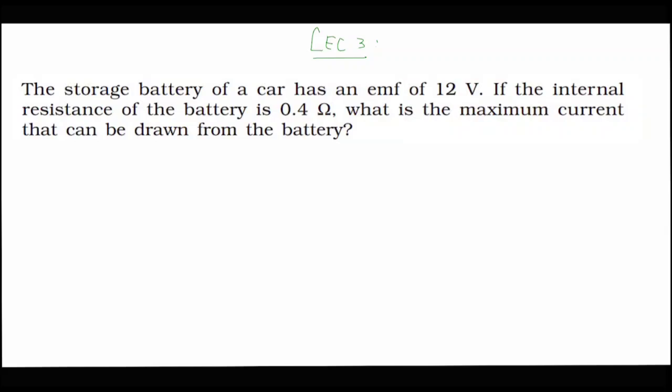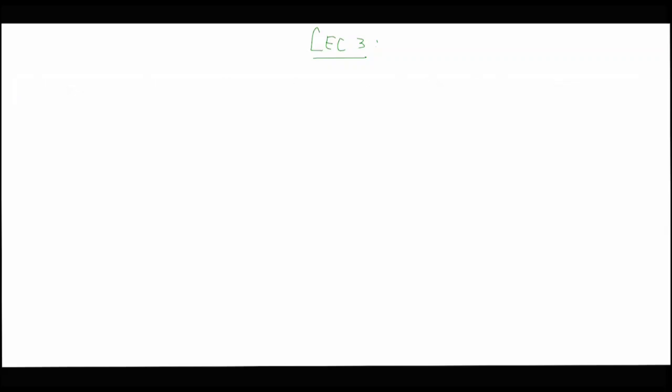So if we consider this problem, the EMF of the cell is equal to 12 volt and the internal resistance value is mentioned as 0.4 ohm. The maximum current which can be drawn from the battery will be when the external resistance is almost negligible.